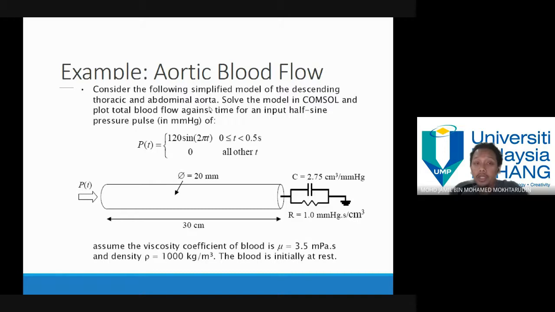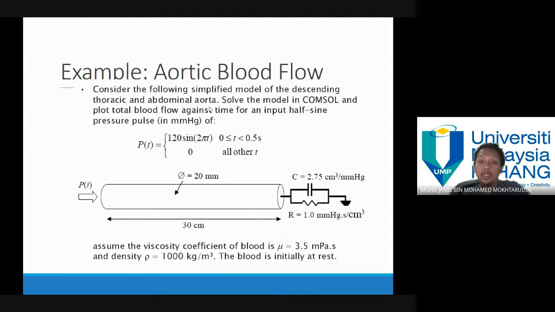The aorta is the biggest blood vessel, and it brings blood to all of the body except the lungs. If our aorta is damaged, then our body tissue will not receive enough oxygen or blood supply from the heart.